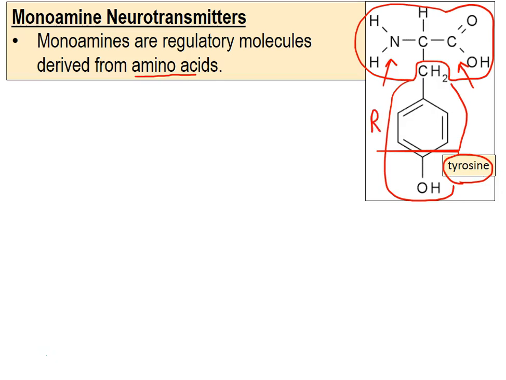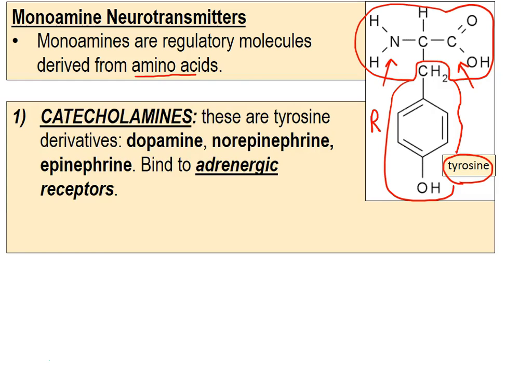And I know my students are aware that there are 20 amino acids, and they all have a different R group. And so this is the R group for tyrosine.